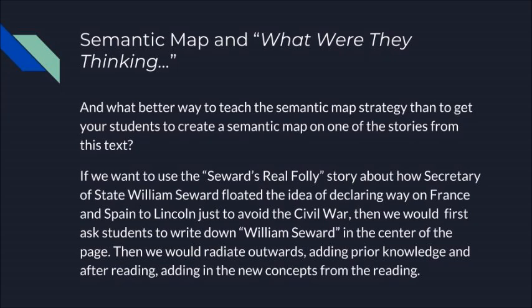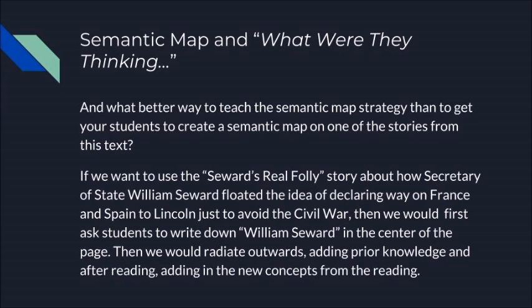But this book has another idea of his that actually does turn out to be terrible. Since they were facing the Civil War, William Seward's idea was to declare war on France and Spain. That way it would bring the Americans together and unite them in a cause of war against someone else.